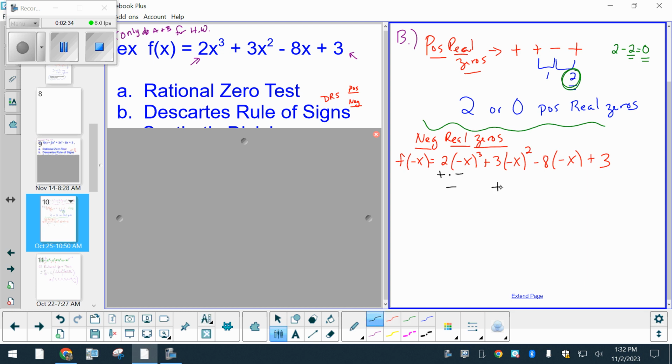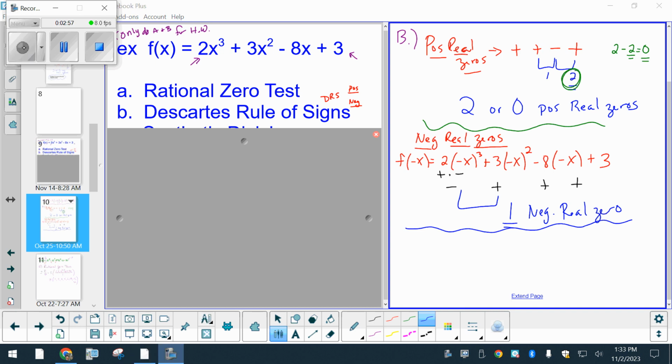That's going to be a positive, positive, positive. So here we get a definitive 1 sign change. So that's 1 negative real zero.